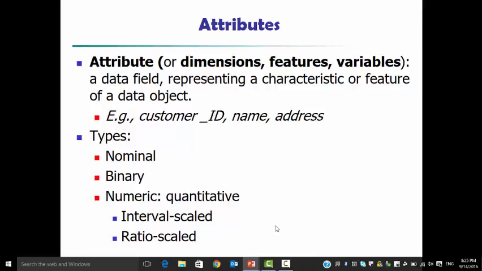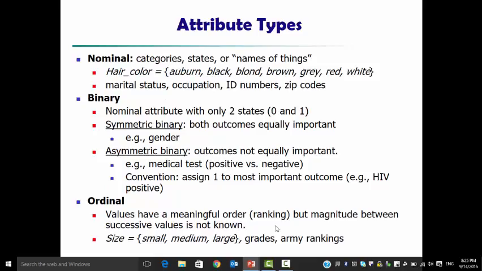Some attributes are nominal, some binary, some numeric, therefore quantitative. Some quantitative data can be scaled by interval or by ratio. Nominal, for example, nominal attributes like hair color, you name it.